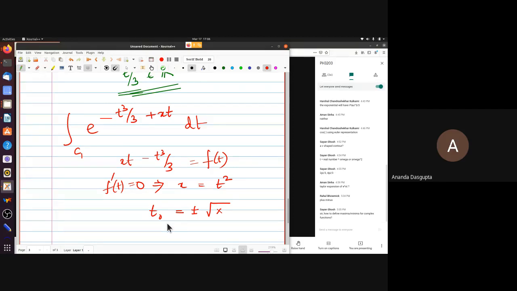But firstly, just tell me this. If x is t squared, does it tell you that t0 is plus minus root x?